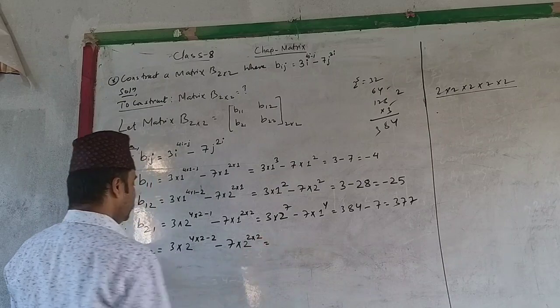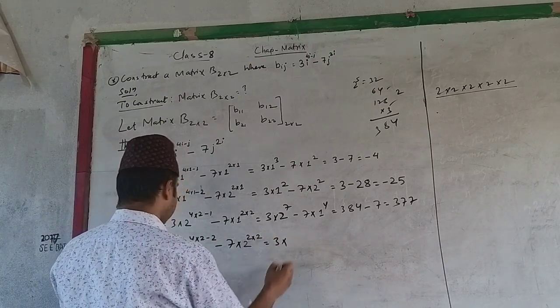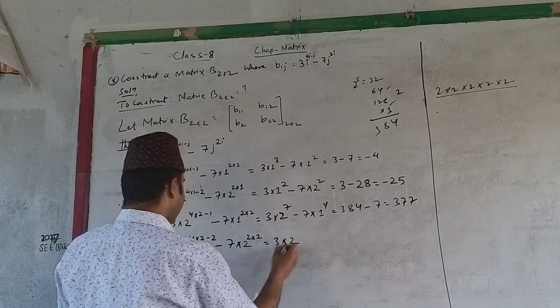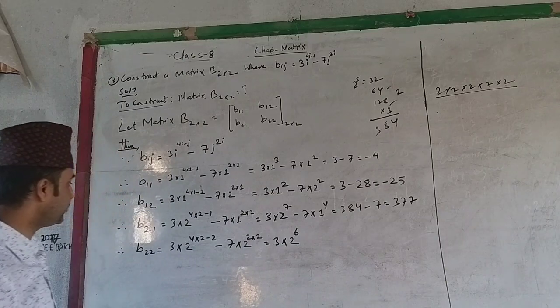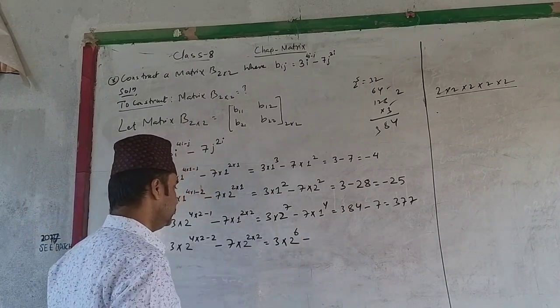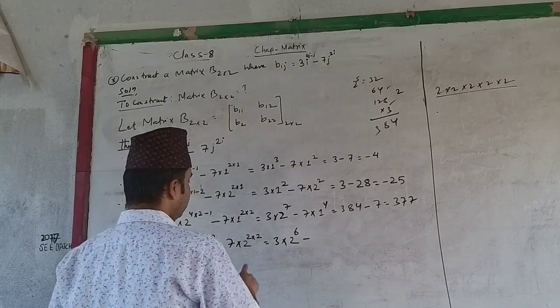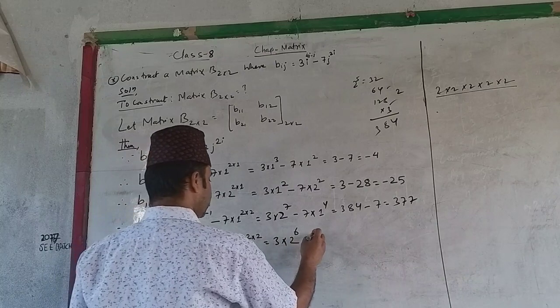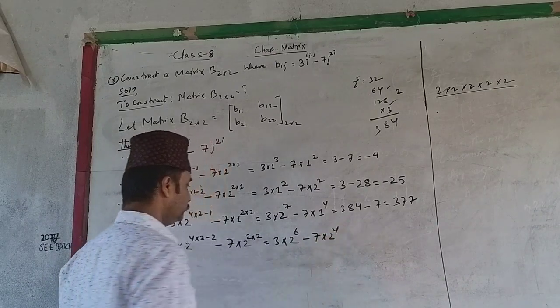Okay, very good. Now let's take this one. How was 3 into 2 to the power how much? 4 to the 8, this 6. This is 6 minus, this is how much? This is here 7 times 2 to the power 4.